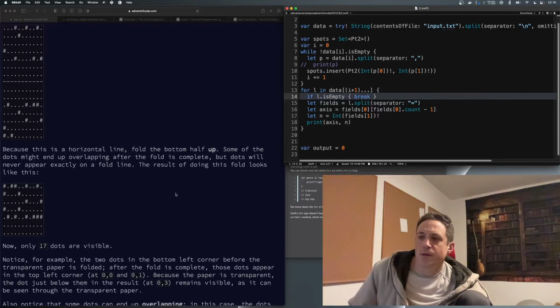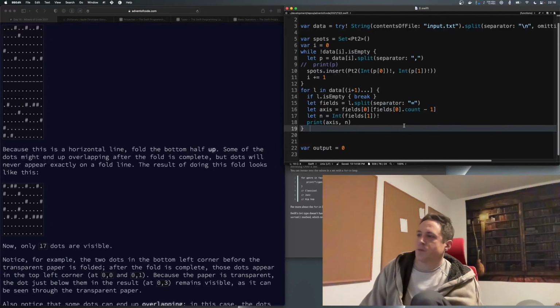Some of the dots might end up overlapping after folds.